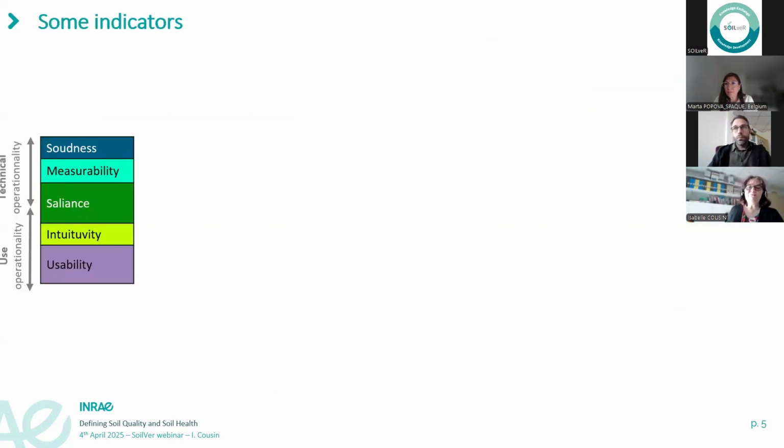So let's have a look at some indicators, and especially at their operational level. To discuss the operationality, we have two types of operationality level. The one is the technical operationality, which relates to soundness. So is the indicator relevant for my evaluation?